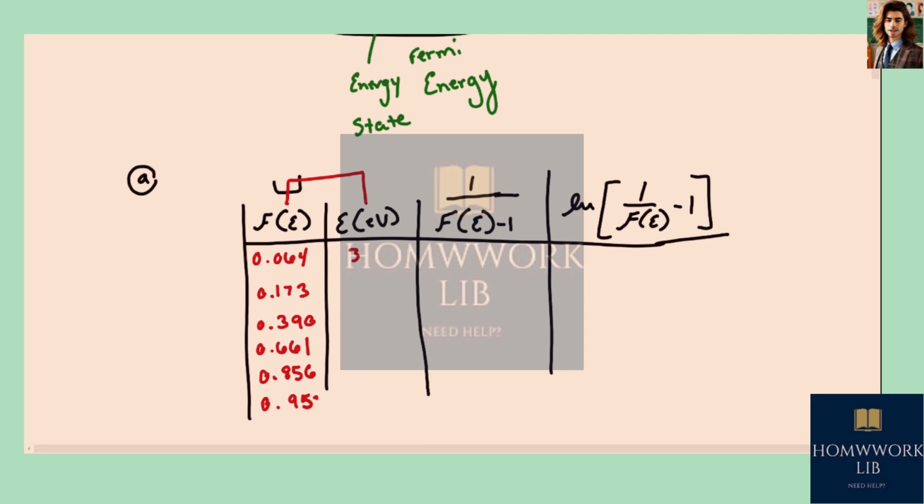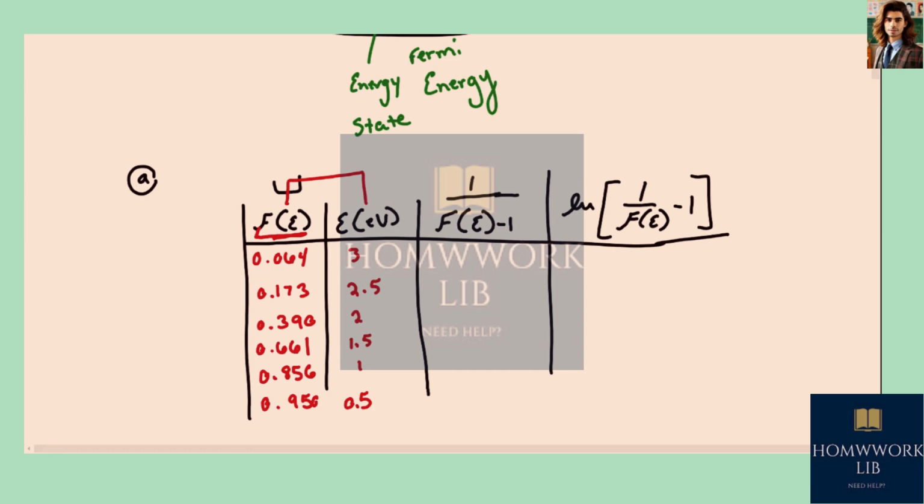And then we have 2.5, 2, 1.5, 1, and 0.5. Obviously we have this one already done, so we just do 1 over this minus 1. In other words, I'll show you once, and that way you guys can do the rest.